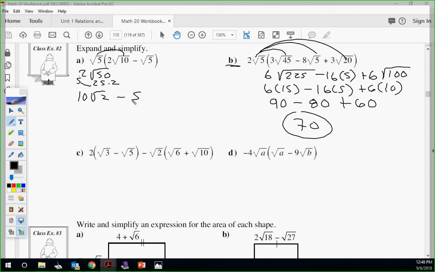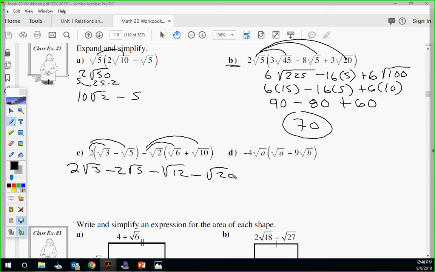Okay. Then for C, we can put the 2 in. Put the negative root 2 in. Make sure the negative hits both. That's what I said some of you guys messed up on. 2 root 3 minus 2 root 5. Negative root 12 minus root 20. And the 12 and 20, you can see that they need a little bit of work.